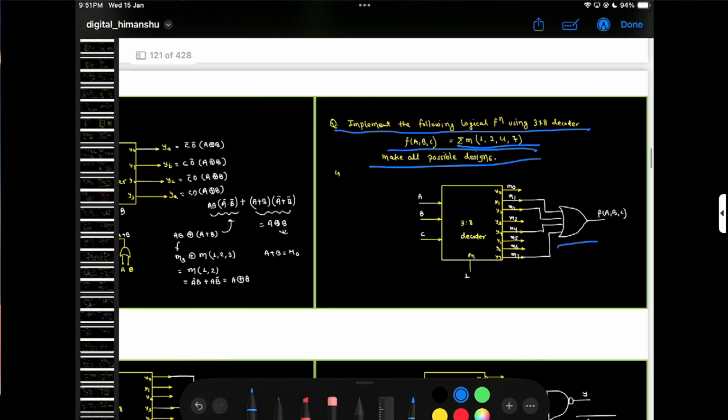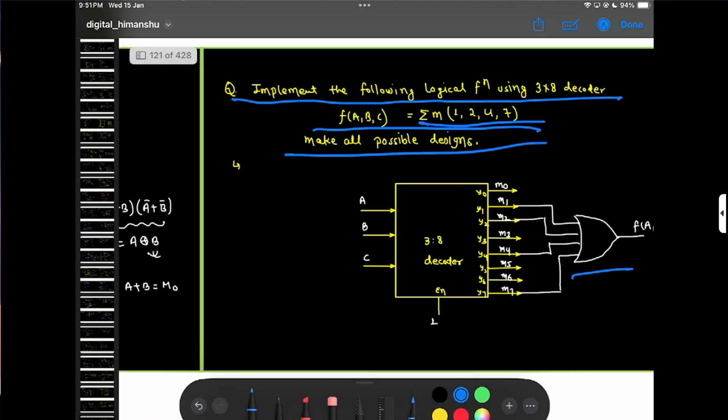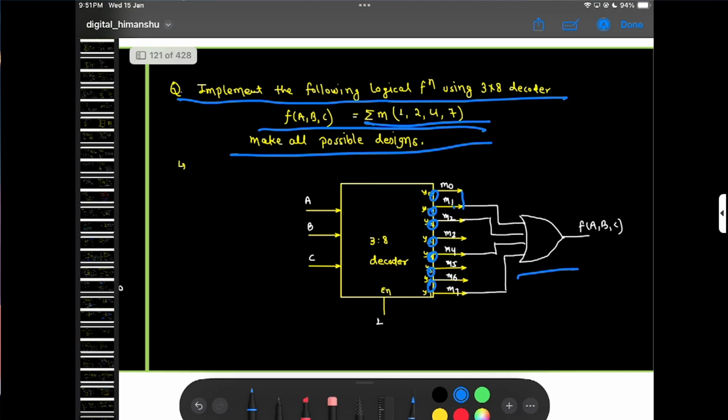And if we have active low outputs, then how can we do it? Suppose all of these outputs are active low. Then we take the outputs which, in the active high situation, we don't take, so those outputs are bubbled.